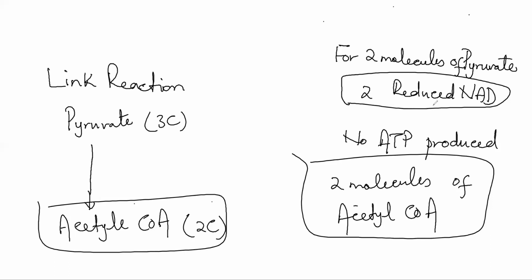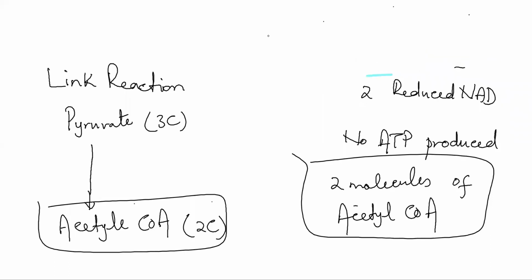This acetyl unit combines with coenzyme A to produce acetyl coenzyme A, which can obviously enter into the Krebs cycle. But this time, this acetyl coenzyme A is produced from the breakdown of fatty acids, not from the pyruvate which we obtained from glycolysis. Okay. So this was all about that.